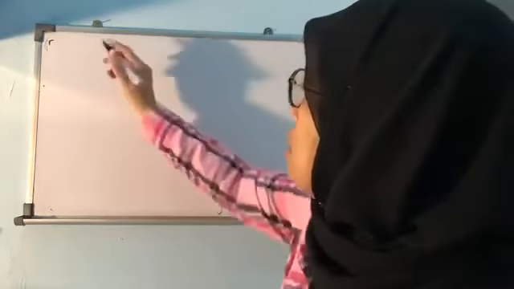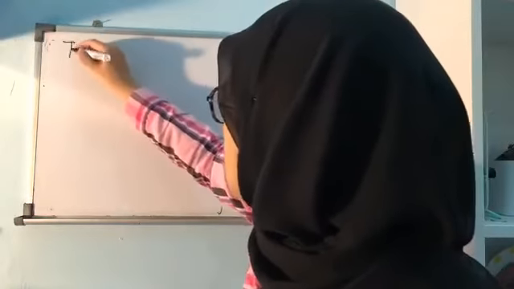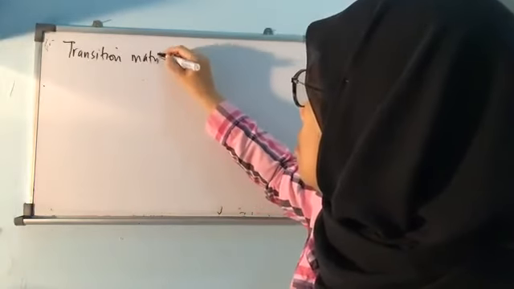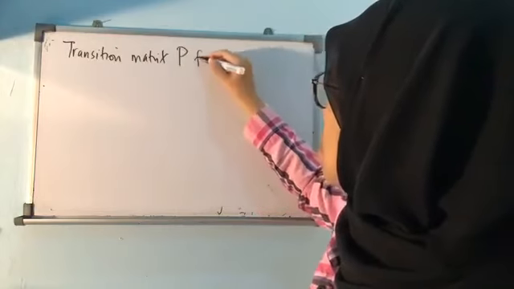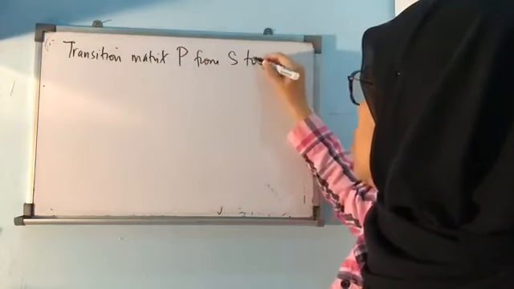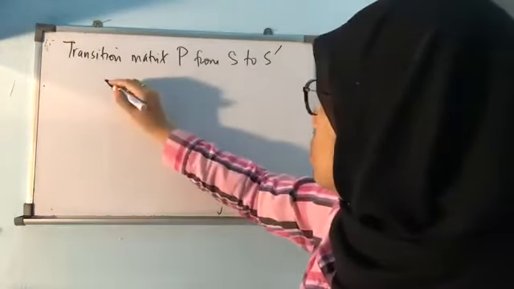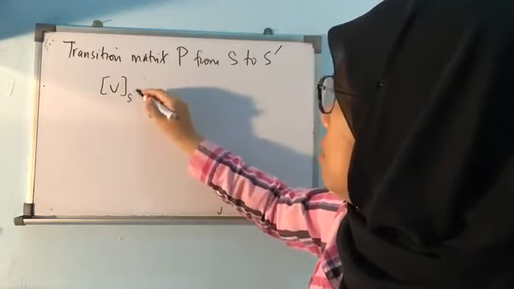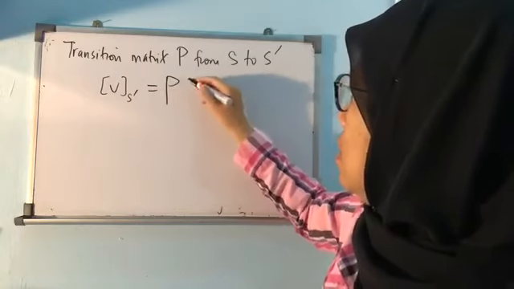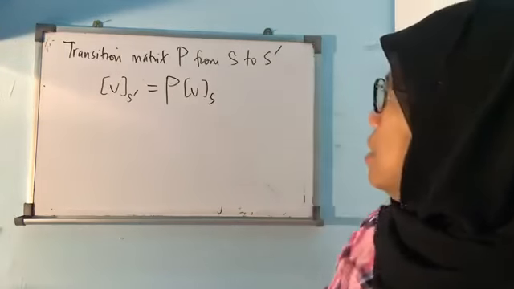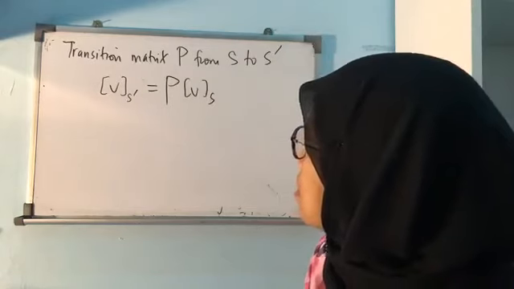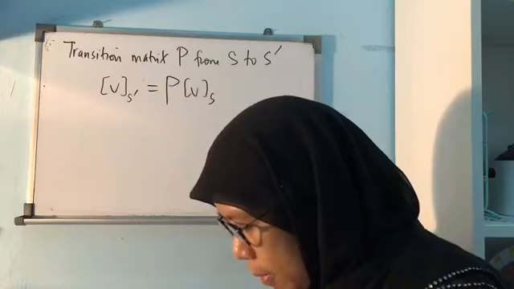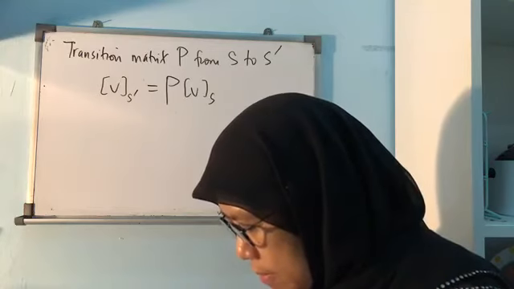Okay, for transition matrix, from S to S prime, right? So the formula is V S prime is equal to P V S, right? Okay.